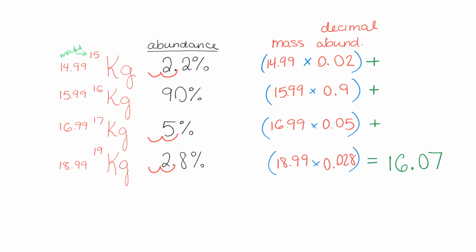Use brackets, multiply, close brackets, add that to the same situation for every isotope. Don't forget your brackets. Don't forget to add as you go. Your final answer, you need at least 2 decimals, but if it gives you 3, use 3. And that's it. That's how you calculate the average mass of an isotope.